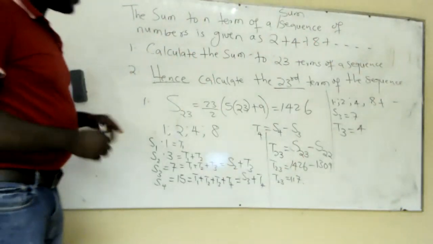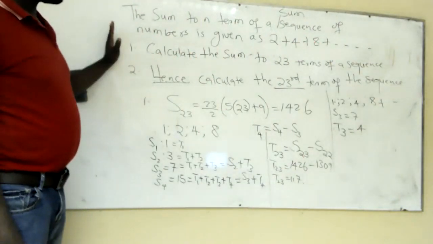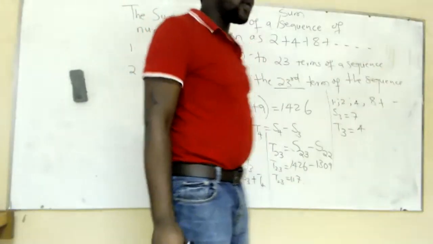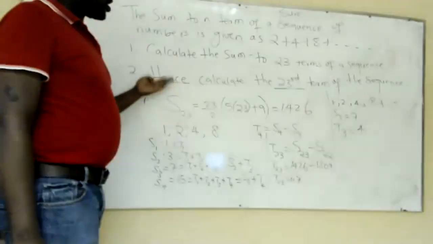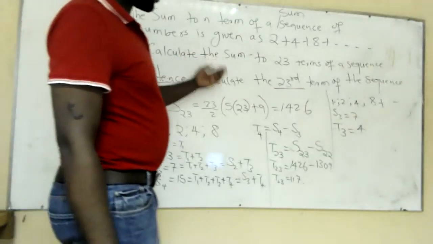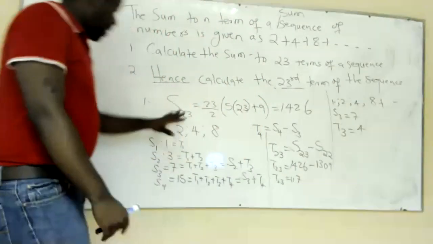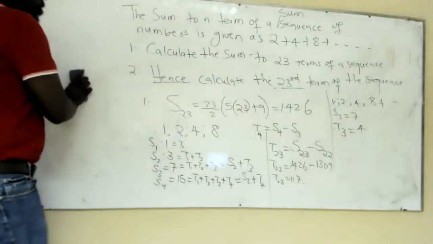Questions are the same. We are answering the same questions. Calculate the sum of 23 terms of the sequence. And then the second question says hence. Calculate the 23rd term of the sequence. So let me wrap here and then we do those questions together.